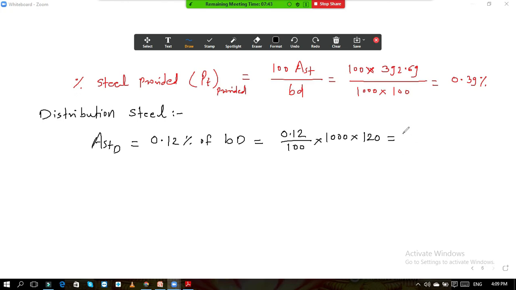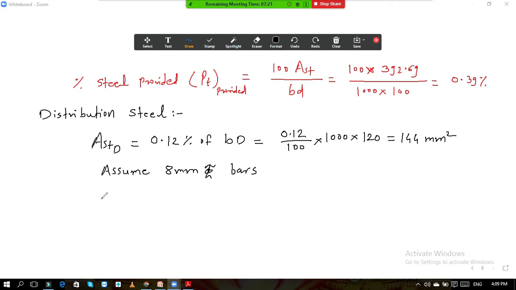So it works out to be 144 mm square. Here we will assume 8 mm diameter bars.